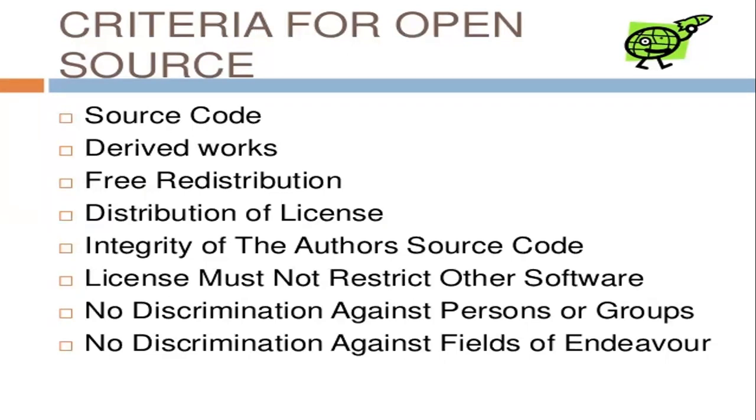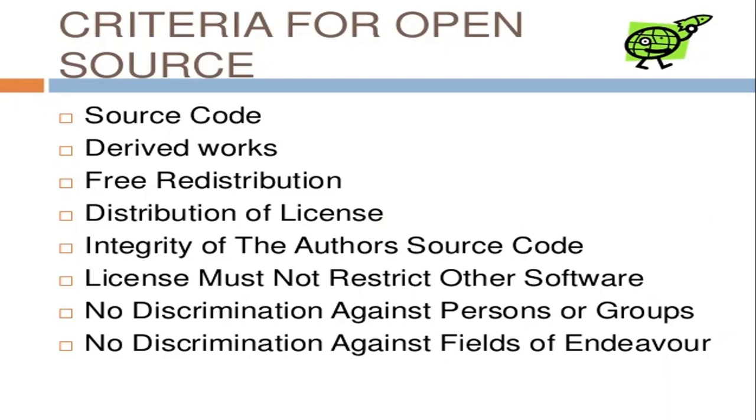Integrity of the author's code. The integrity of author's source code must also be maintained. Any addition or modification should carry a different name or it should carry a version number so that the original code is maintained. License must not restrict other software.